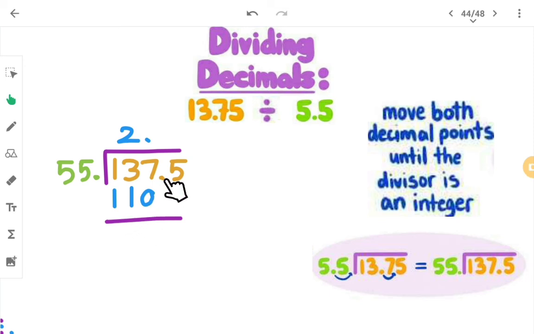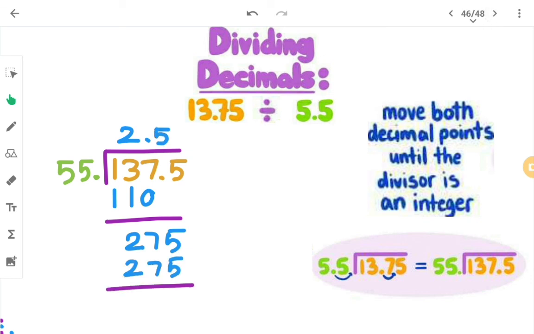And then please put the decimal, because here we are having a decimal. So you have to put the decimal over there, right? While doing the subtraction, you will get 27, and then I brought this 5 down over here. So you are getting 275. So 55 is multiplied how many times? 5 times to get 275. So we will get the remainder as 0.